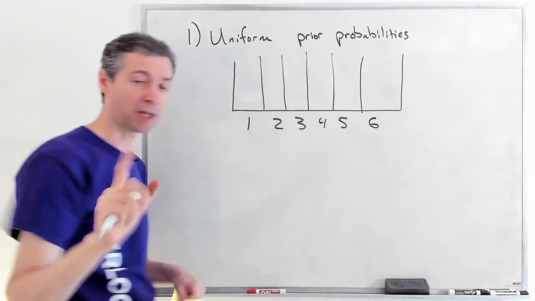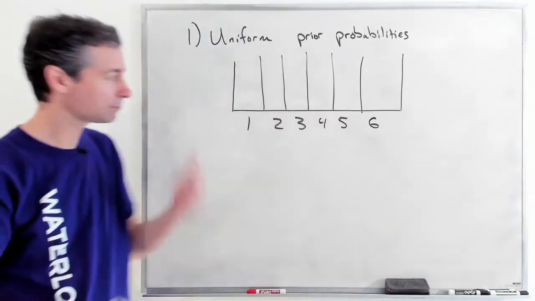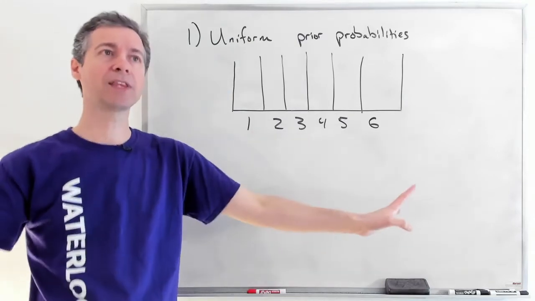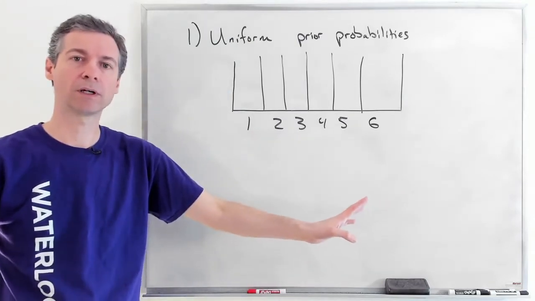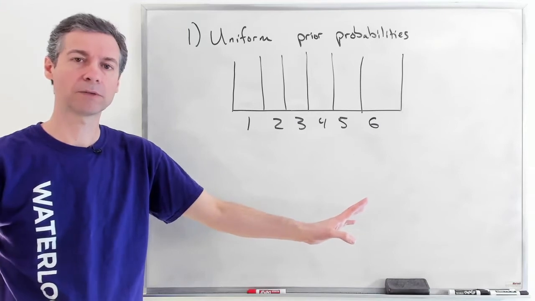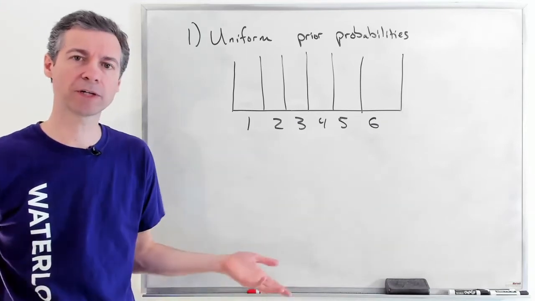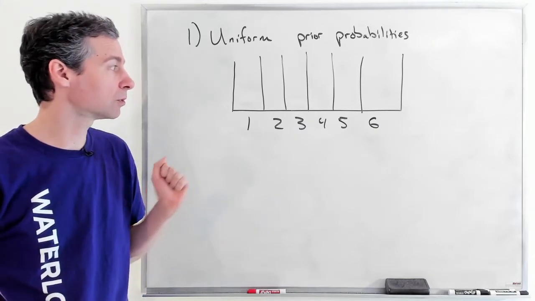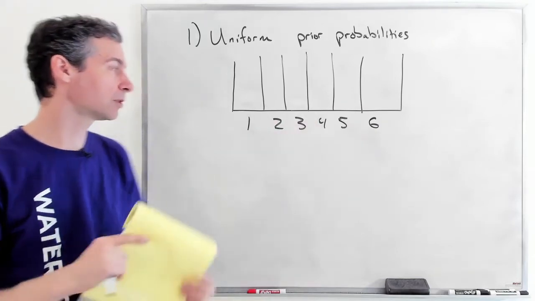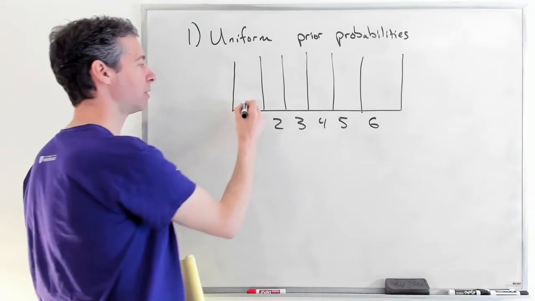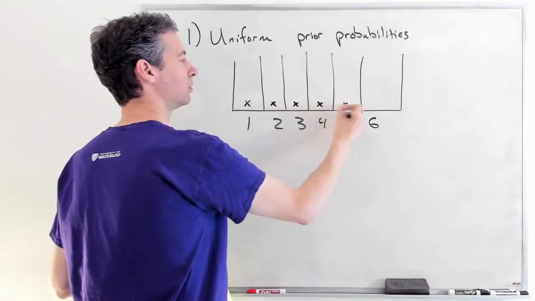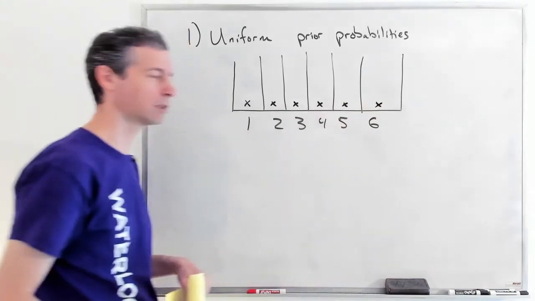But I'm not allowed to roll it. So I say to myself, since I know nothing else about this die, let's assume it has a uniform probability of coming up with any of these. So it's like me putting a little X, as though I had put in a roll for each of these here.